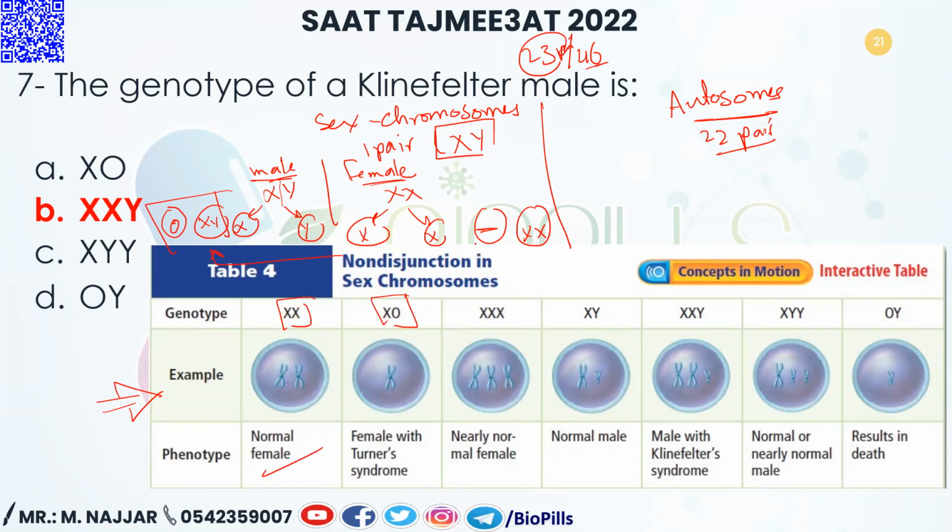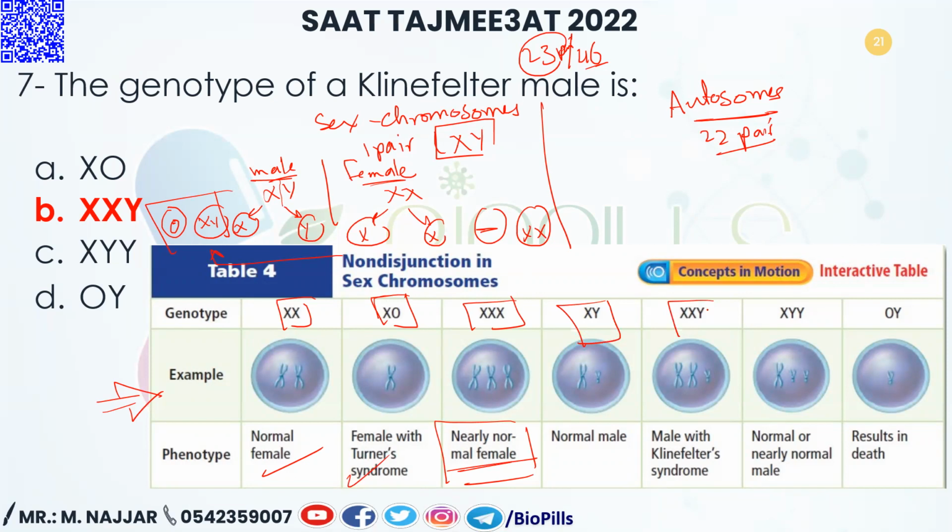One of those eggs will be met by a sperm that has X, so this will be a female with Turner syndrome. Triple X: one of the eggs may have 2 X copies and another X came from the male sperm, so it's a female but has extreme feminine characteristics. XY is the normal male.